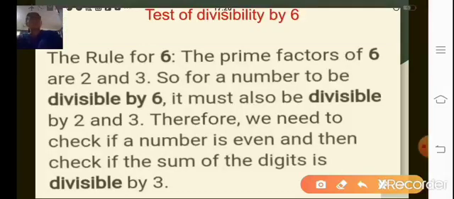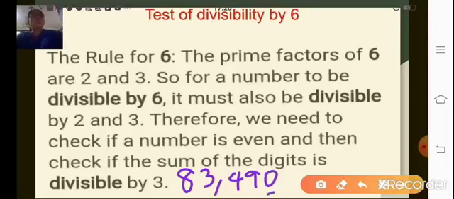Now suppose we take the number 83,490. Here the number in the ones place is 0. That means it is divisible by 2. Correct? Now the same number, when I add 9 plus 4 is 13, 13 plus 3 is 16, 16 plus 8 is 24.